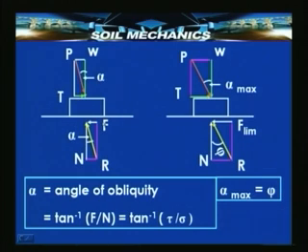Because there is friction between the bodies, a force F in the opposite direction will be automatically mobilized, and that will resist T, and for equilibrium T will be equal to F, N will be equal to W, or in other words the resultant R will be equal to the resultant P.